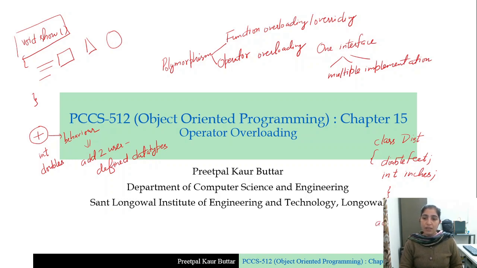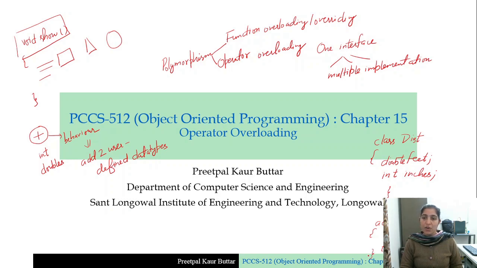This add function will take an instance, suppose d1, and here we create a temporary object distance t, where t.inches is equal to d1.inches plus this.inches, right?